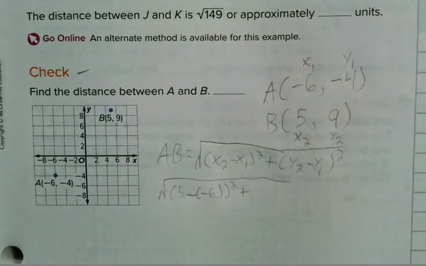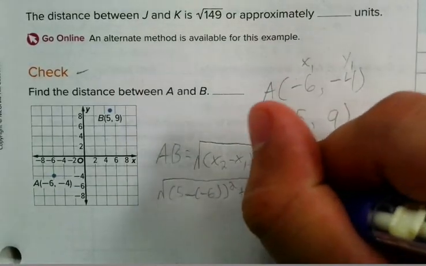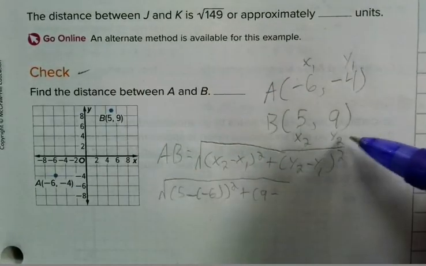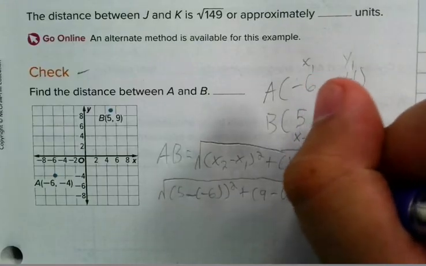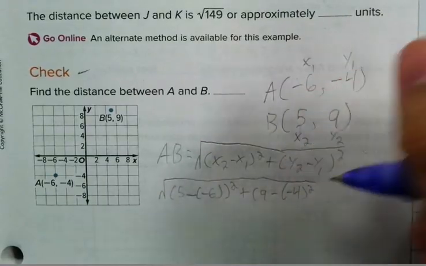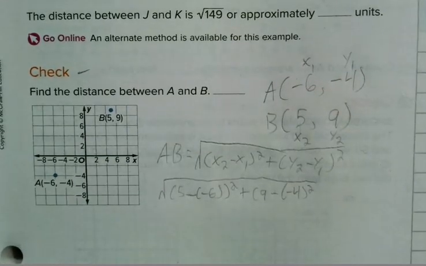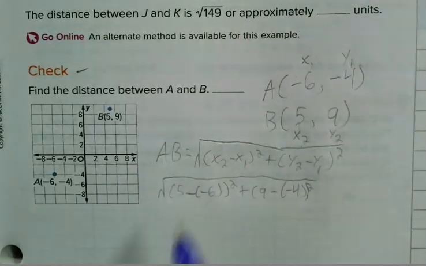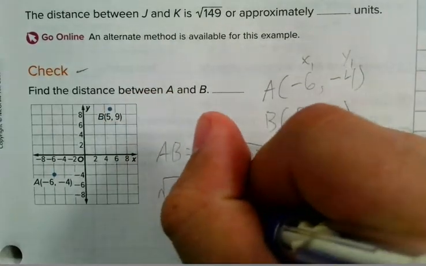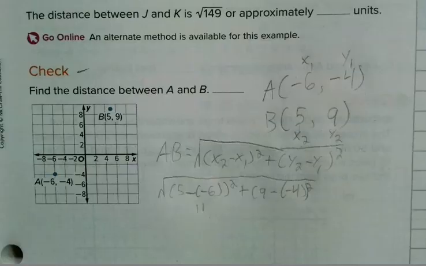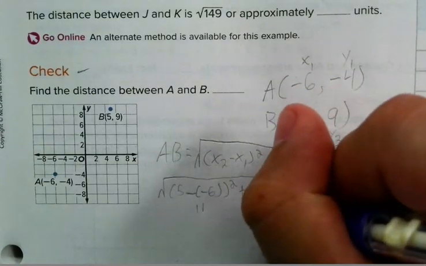And then plus my y2, that's 9, minus y1, negative 4, squared. And now I'm good. So, 5 minus negative 6 is 11. And then 9 minus negative 4, 13.